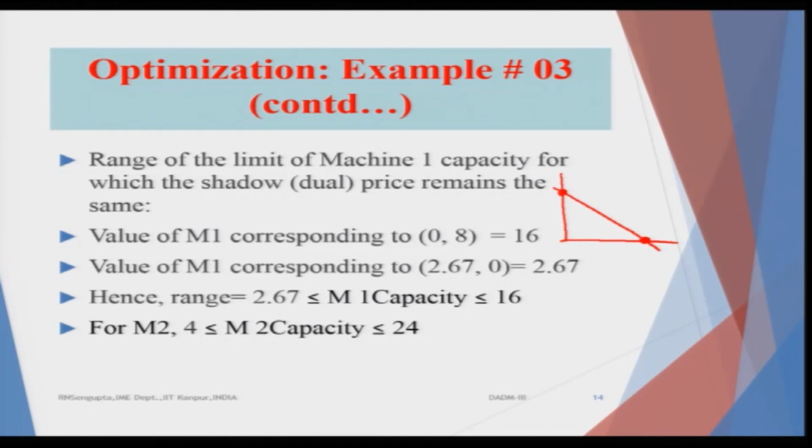So, when I consider the value of machine 1 and machine 2, let me go back to the slide. It will be easy for me to explain. So, it is M1. I will write down M1 and M2 also. So, it is 2x1 plus x2 is less than or equal to 8.